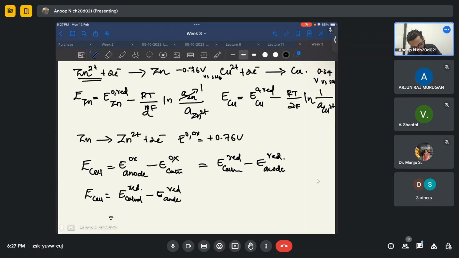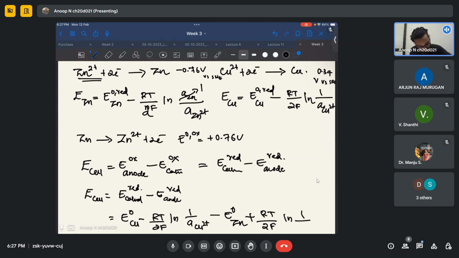So how can I write it? It's equal to E0 Cu minus RT by 2F ln of 1 by activity of Cu2+, minus E0 zinc plus RT by 2F ln of 1 by activity of Zn2+. Is that fine? Is there any confusion?